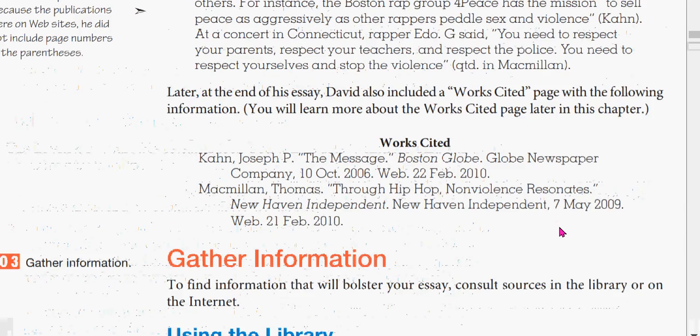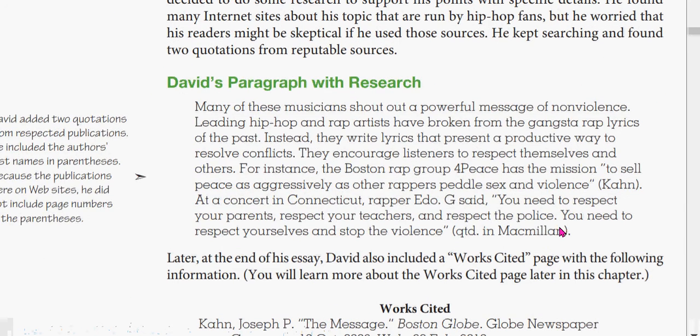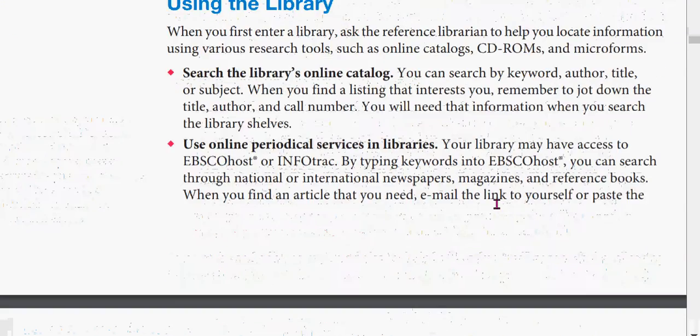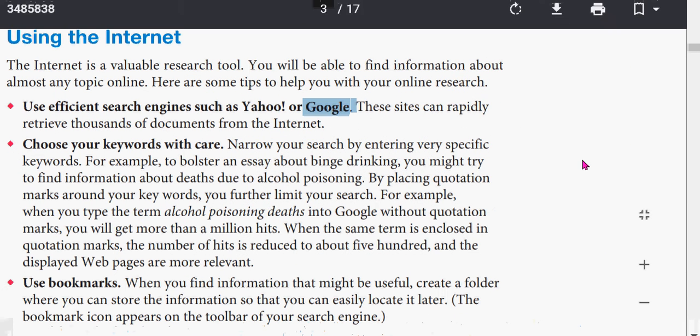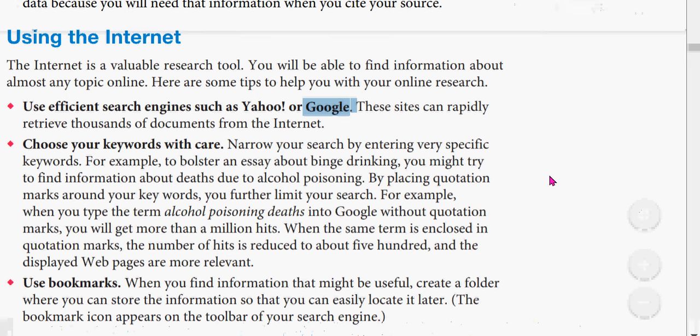So he's looking for rap music lyrics. If he just put in rap music lyrics into Google or Yahoo, he might get some more serious article that actually gives data that he can use in his paper.